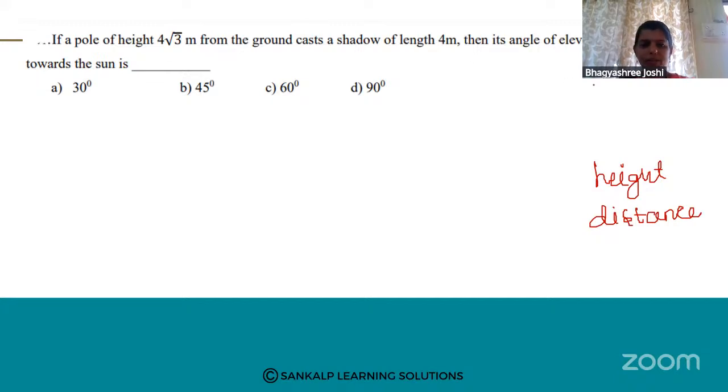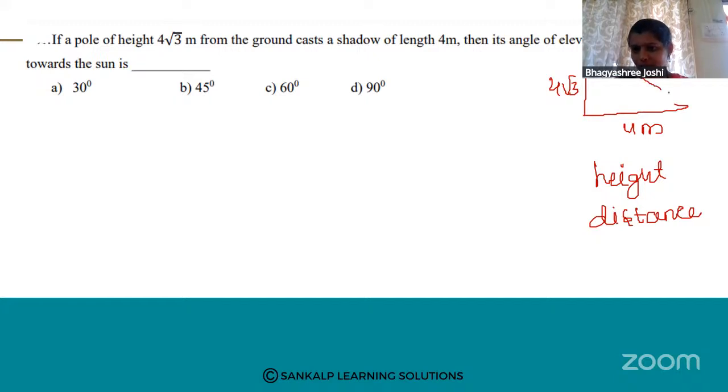What they have given in the question: consider this is a pole and the pole height is 4 root 3 meter. This pole casts a shadow of length 4 meter on the ground.